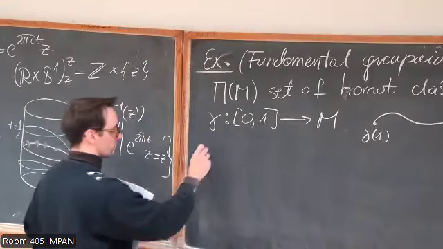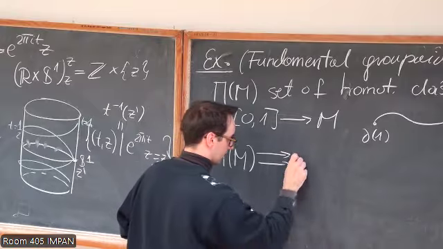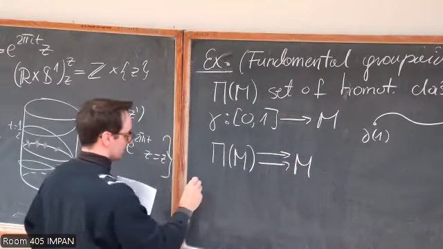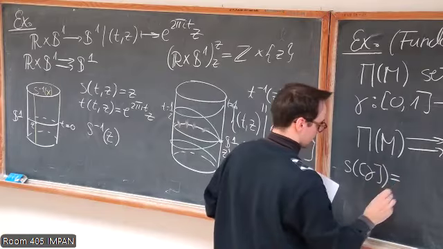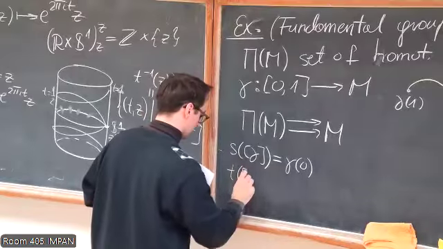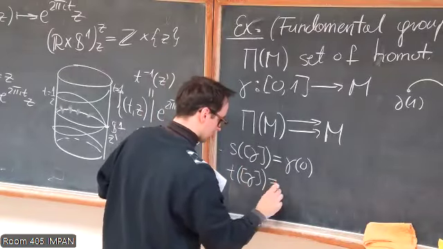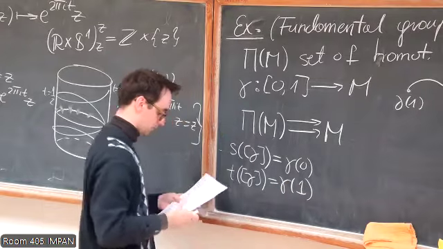And then we have a groupoid structure where the source is gamma 0, the target is gamma 1.